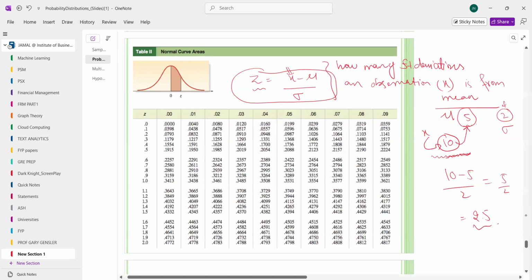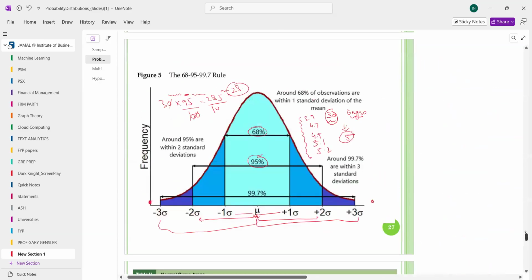So if I go back here, this 10 will be in what range? Will it get covered in the 68% of the data? Not really, because in the 68% I'm just taking one step to the right and one step to the left, I mean one standard deviation from the mean, right? But it will only get captured when I take three steps from the mean because it's 2.5.